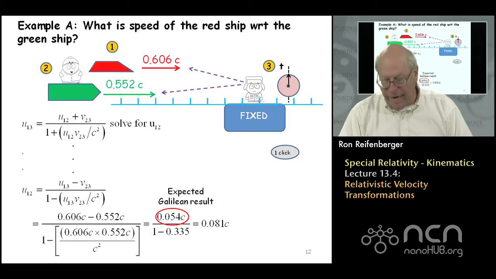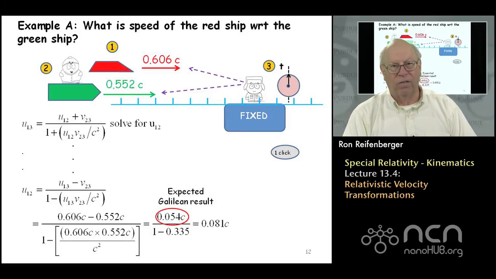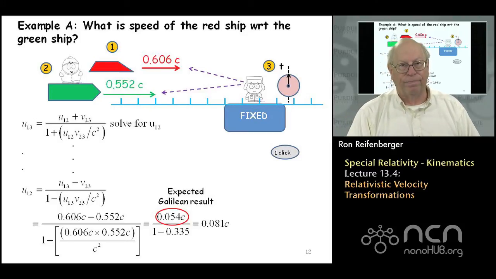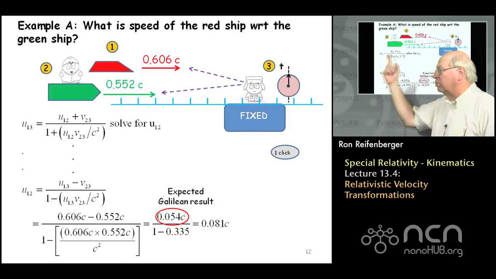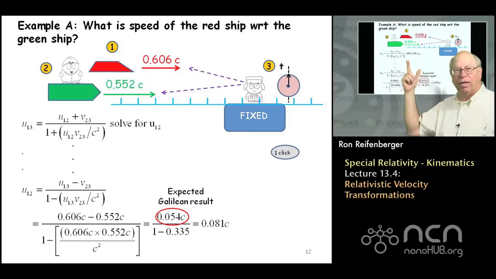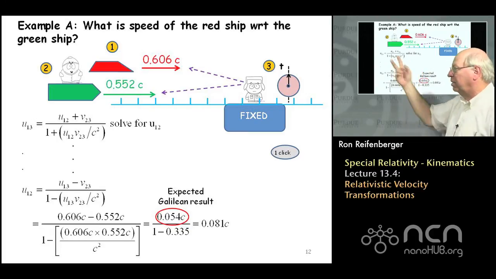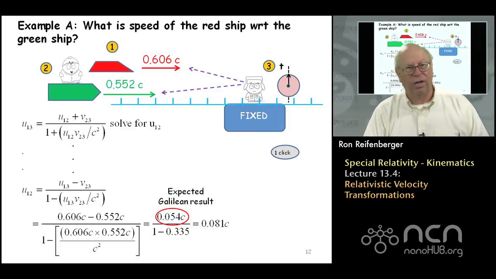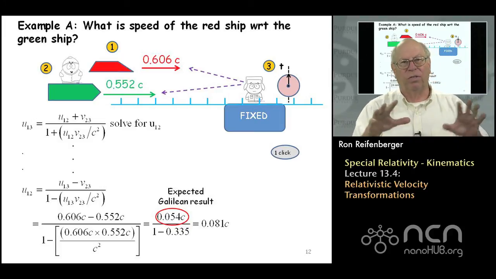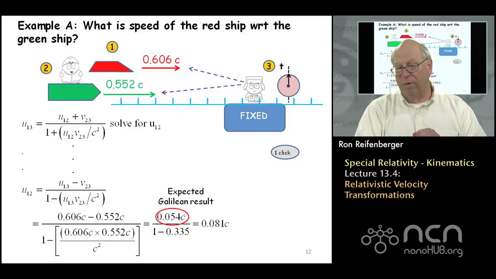So I'm running a little bit out of time on this lecture. I've got 2 more examples that I hope you'll look through. They're examples based on this identical problem, but looked at in different ways, and you just sort through these equations and solve for the parameters of interest. The mathematics is pretty straightforward.